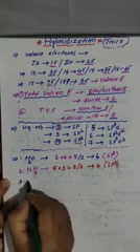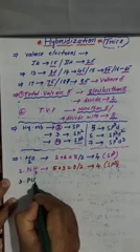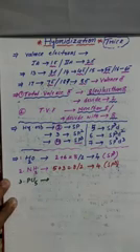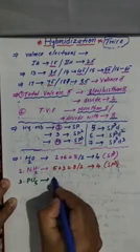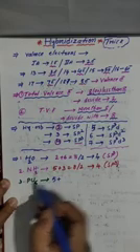Then I am taking PCl5. Phosphorus is in the nitrogen family, which is 5, and chlorine is in the 7A family, which means 7 electrons.